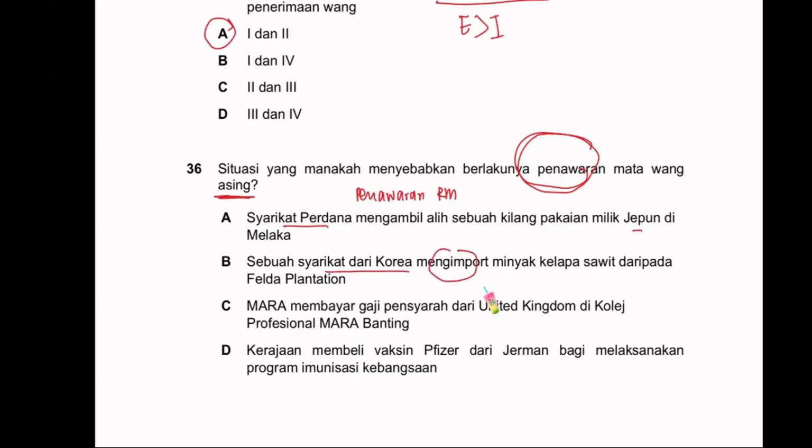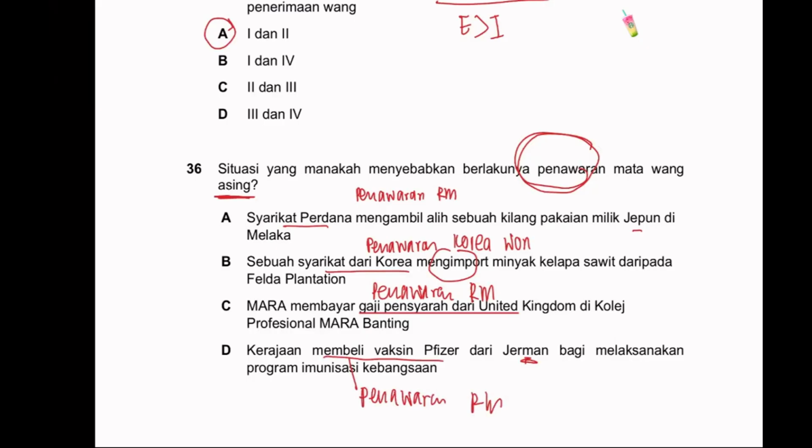Import, they supply the Korean won. Okay, Korean won. Marah gaji kepada UK. This is penawaran ringgit. Penawaran ringgit. Because you pay the UK professional and then they will convert the money into your UK, pound sterling. Okay, membeli vaksin dari Germany. You buy things. You pay with a ringgit. So your answer is B.